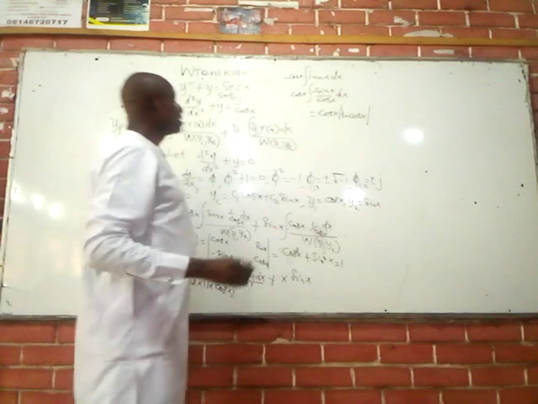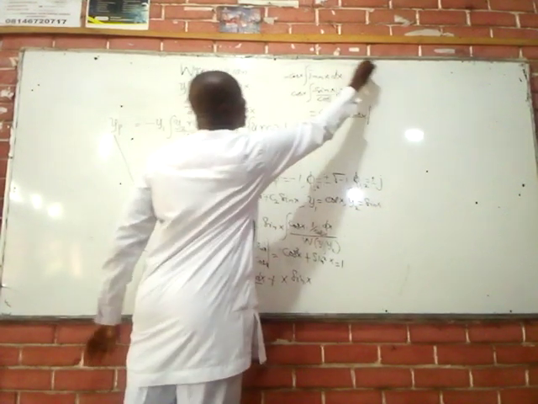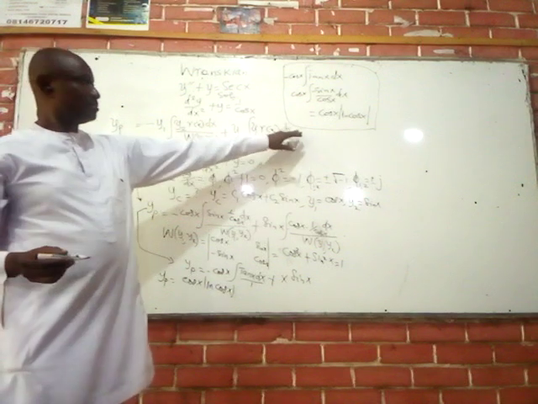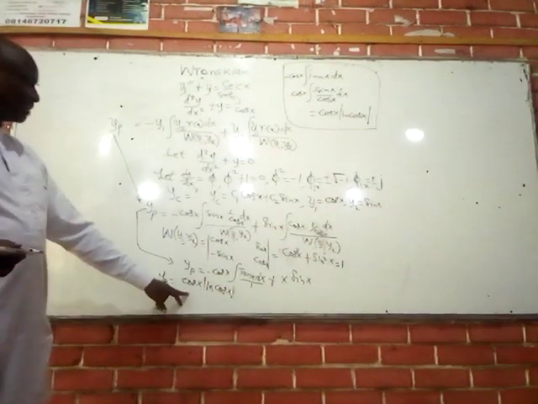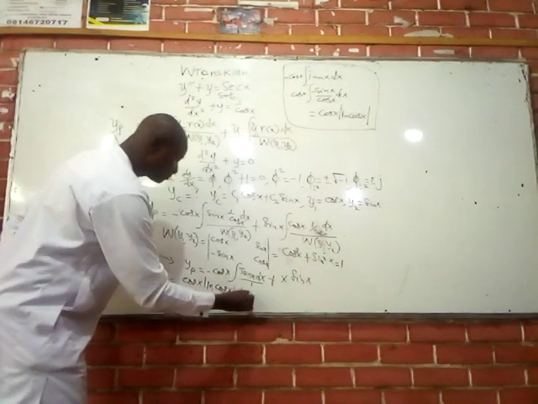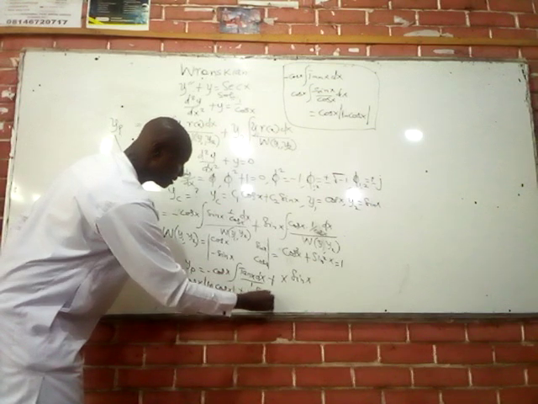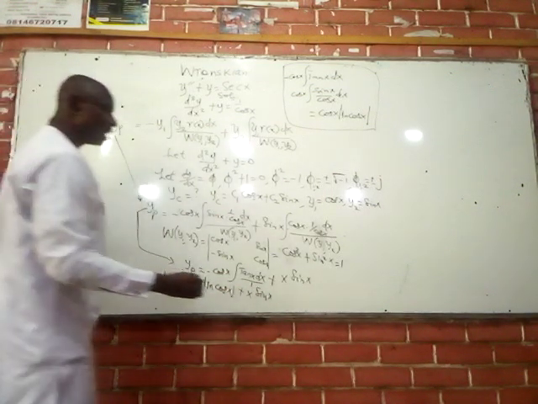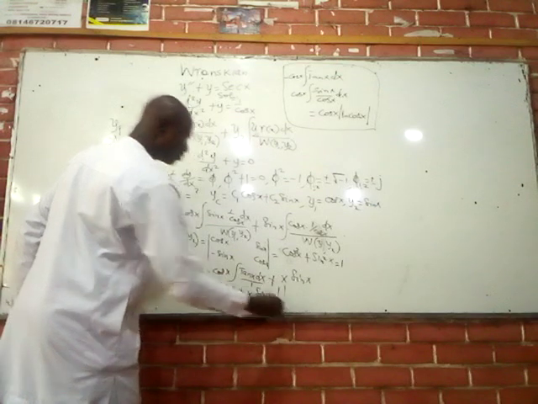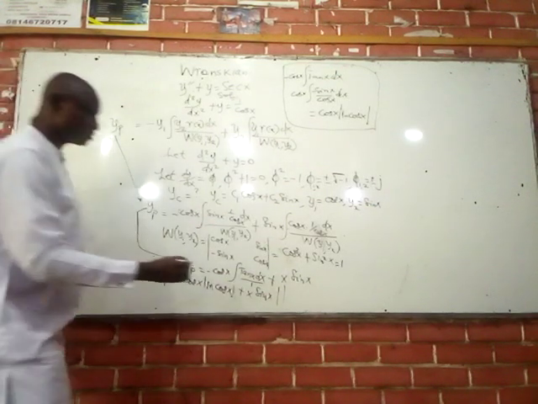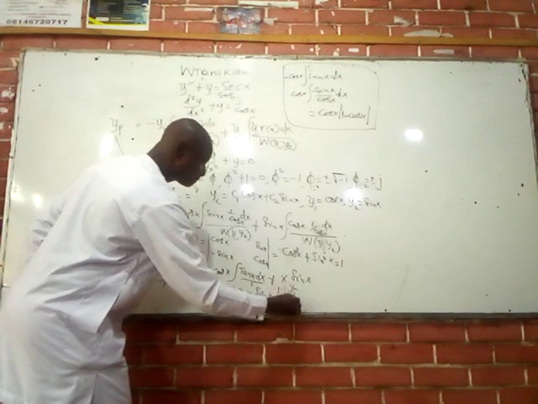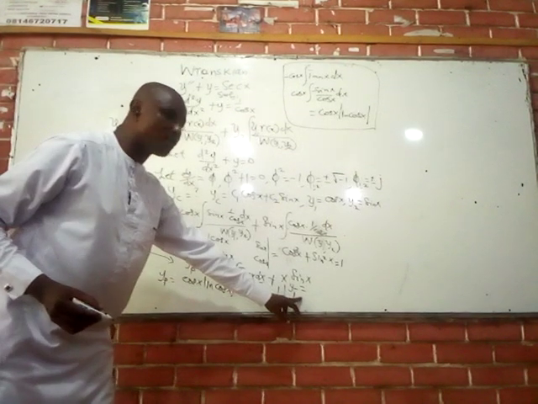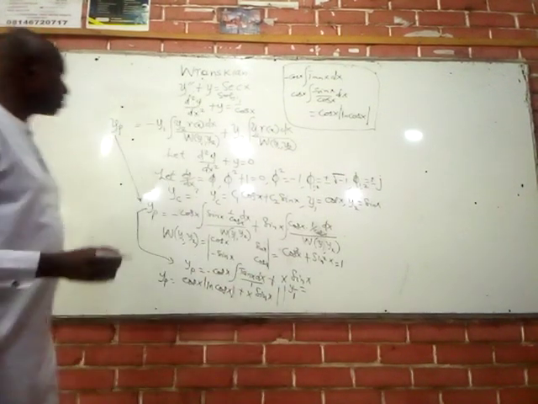That's it. Take note of the integration method that gave us this value plus x sin x. So if this is the particular, the final answer will be given as y total is equal to y homogeneous, y complementary plus y particular.